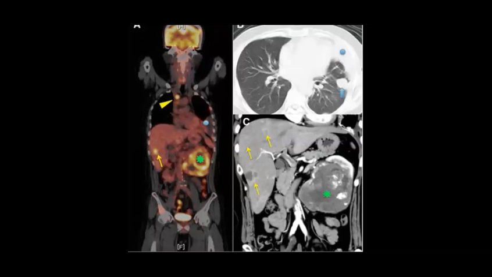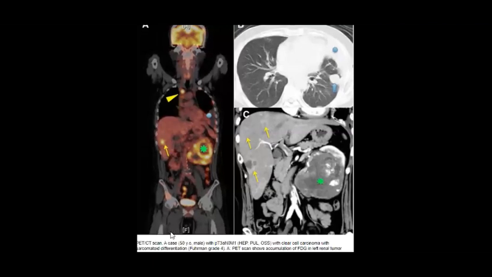Kareem. Okay, I agree with you, Rabab, that it will be in the kidney, so it will be renal cell carcinoma. They mentioned that it is diagnosed as clear cell carcinoma with sarcomatoid dedifferentiation.